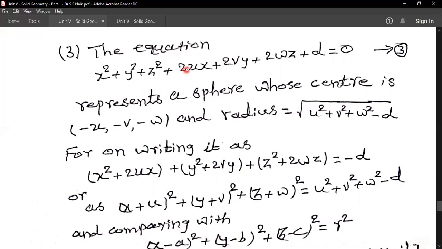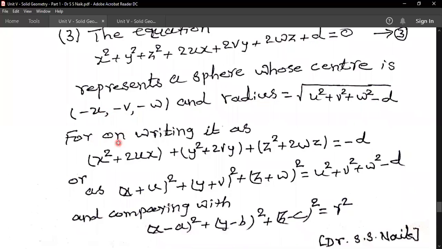The center is minus half of the coefficient of x, that is minus u, minus half of the coefficient of y, that is minus v, and minus half of the coefficient of z, that is minus w. Earlier the center was (a, b, c), which is now replaced by (minus u, minus v, minus w), and the radius is the square root of u square plus v square plus w square minus d.